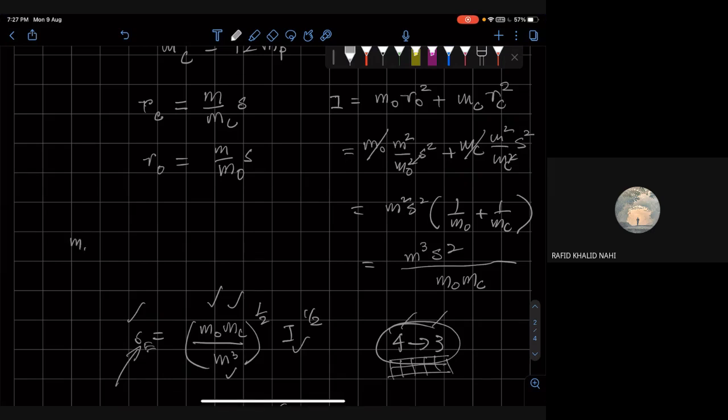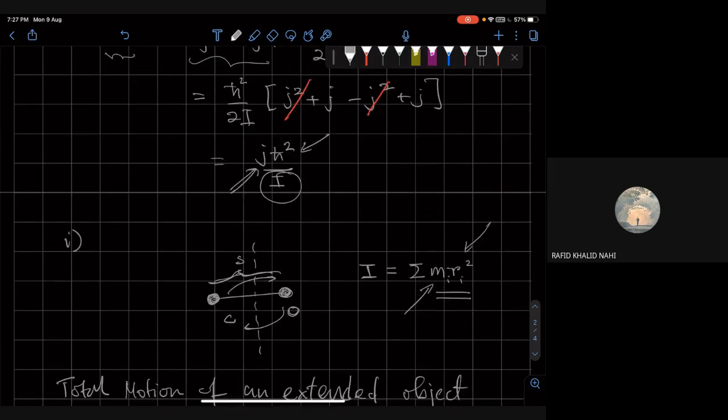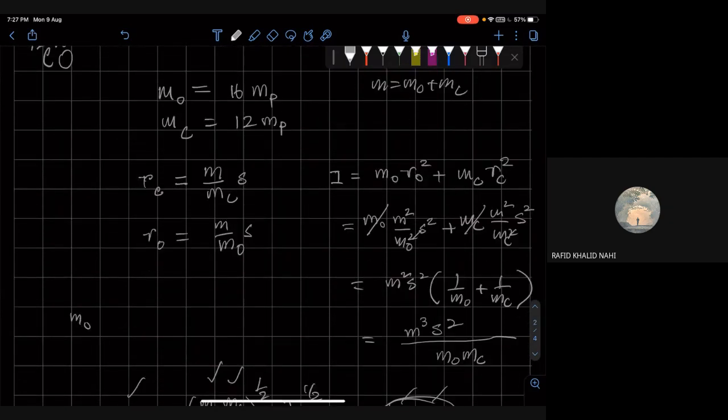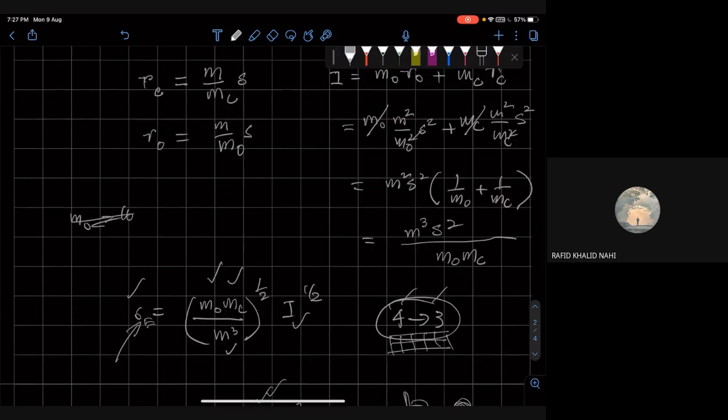m_O is, we figured it out here, m_O is 16. So the denominator here is m_O m_C, 16 times 12 m_p squared, and the numerator is 16 plus 12 cubed m_p cubed. So what is 16 plus 12?